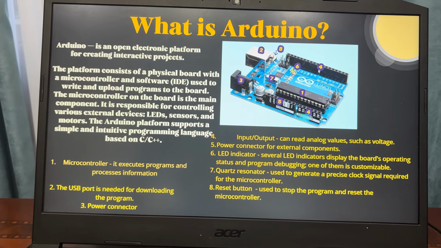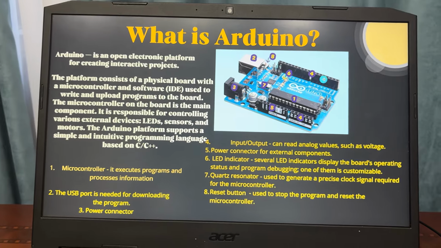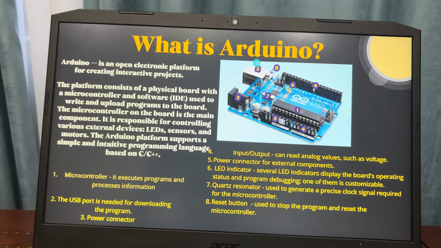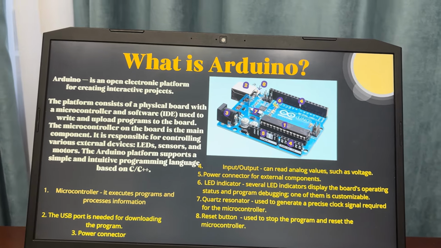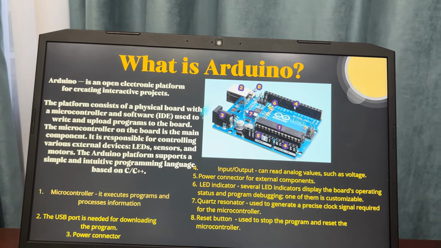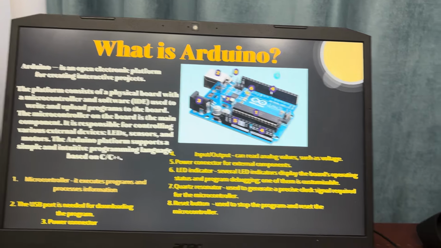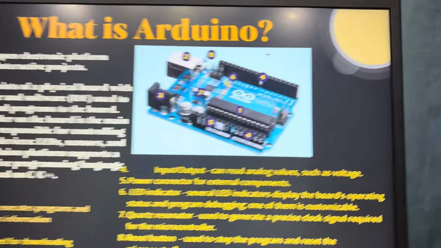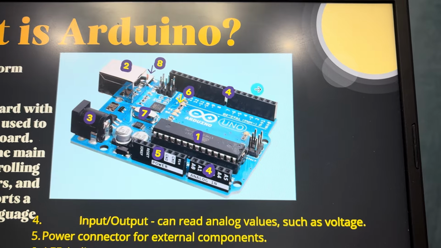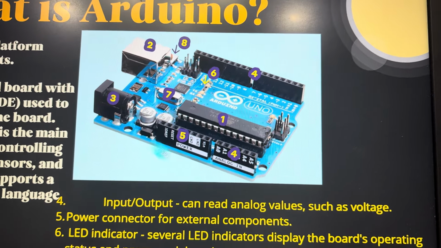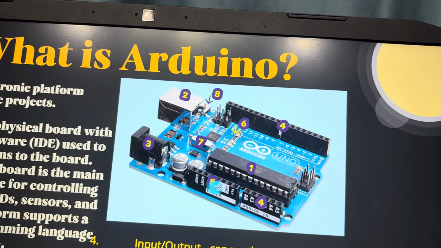As you can see, first is the microcontroller. It's used for programs and processing information. Second, the USB port is needed for downloading the program. Third is the power connector. Fourth is input output. It's needed for reading analog values such as voltage. Fifth is the power connector for external components.